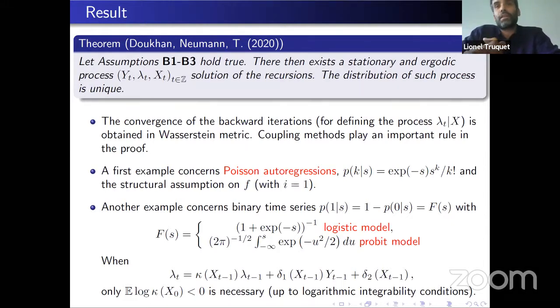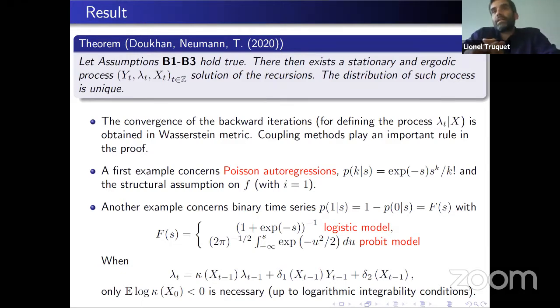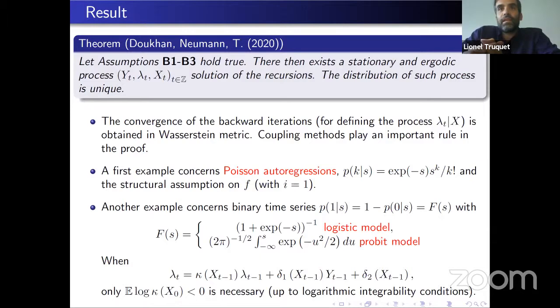So here it's also the case. It is in Wasserstein metric, but we don't use the autoregressive representation as in the previous case, and we use a coupling method. And we carefully adapted the maximal coupling method to take into account the environments and to make the backward iteration converge in a Wasserstein type metric. But the arguments are more difficult.